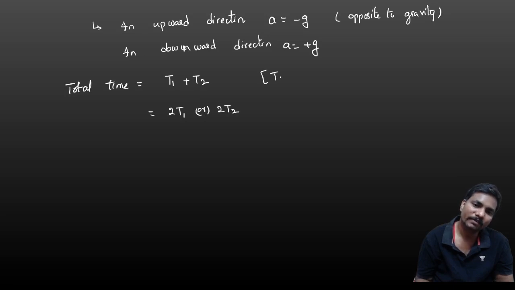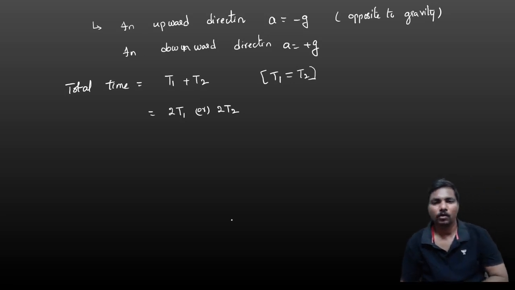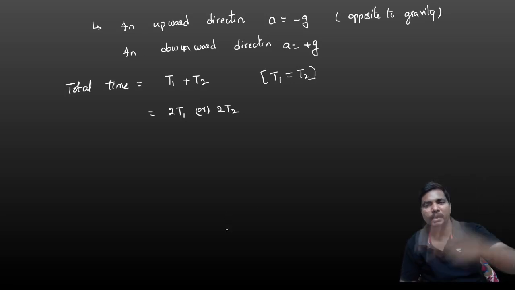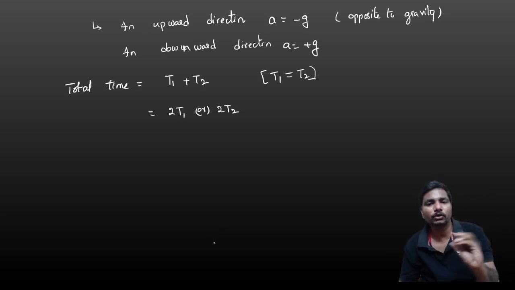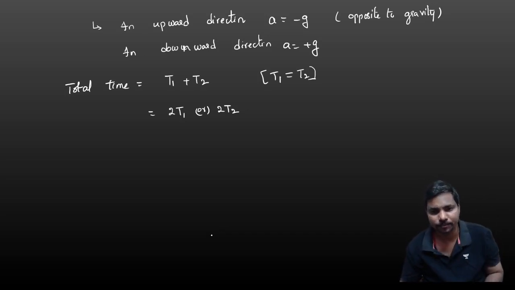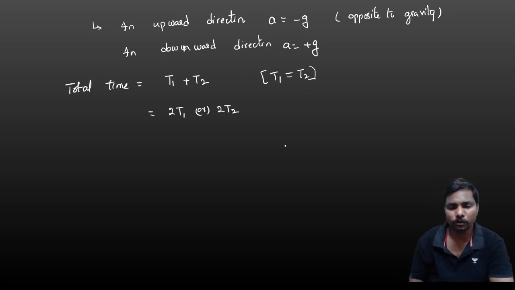Because the time of ascent is always equal to the time of descent, whenever there is no medium, that is no air. If we have air, we get some differences. But if there is no medium, then t1 is equal to t2, so the total time is 2t1 or 2t2.